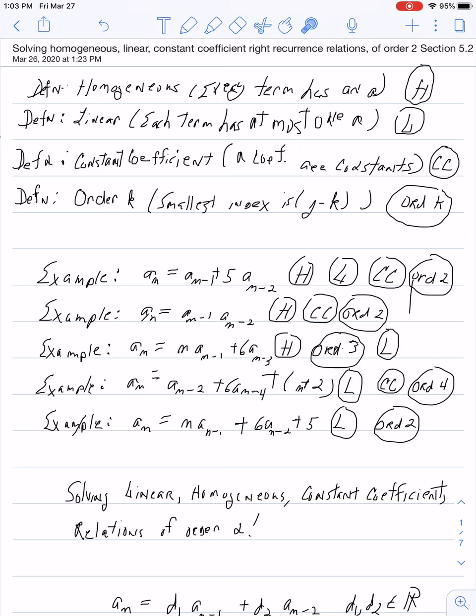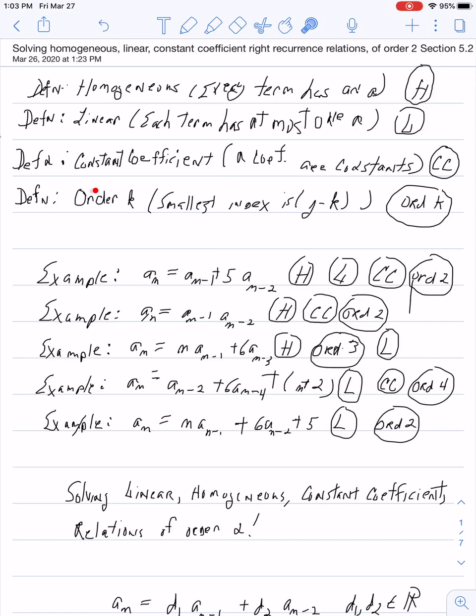It's linear if each term has at most one A in it. It's constant coefficient if every coefficient of the A terms are just numbers or constants.